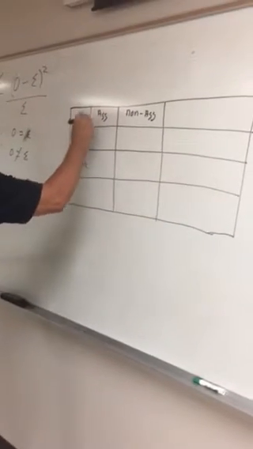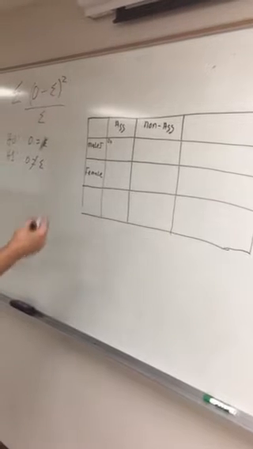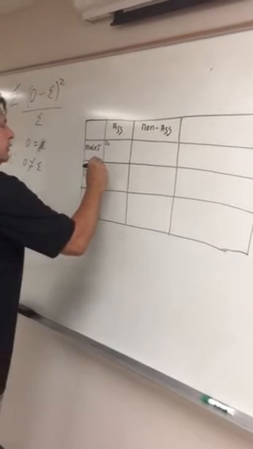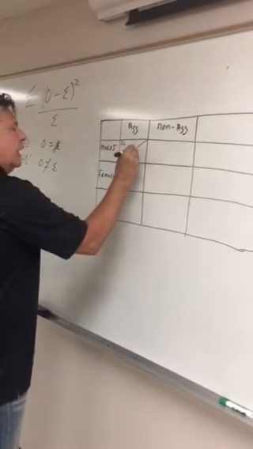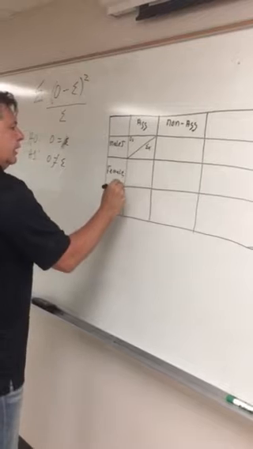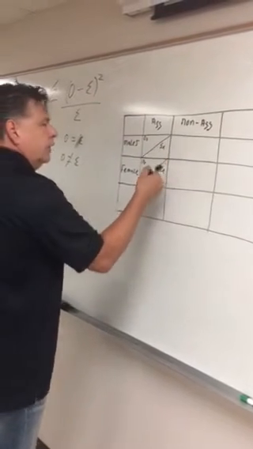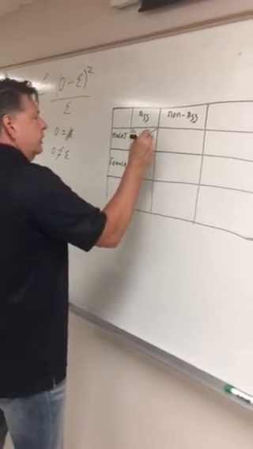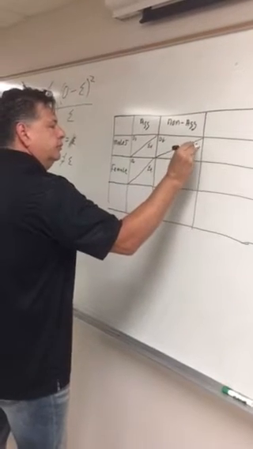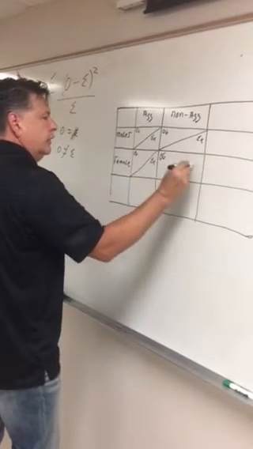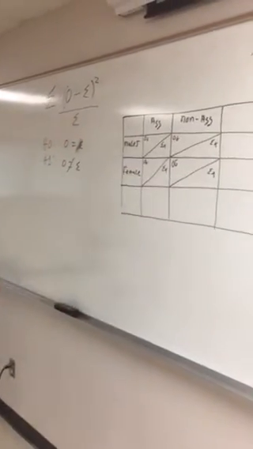I'm going to have observed, what I actually observe after seeing people playing video games and then their behavior after that. And then I'm going to have expected, what would actually be expected. So each one of these will have observed and expected. Now I need to fill this in with data.